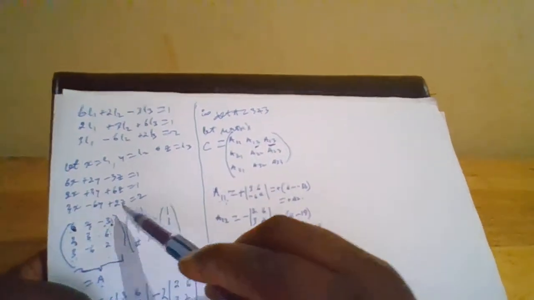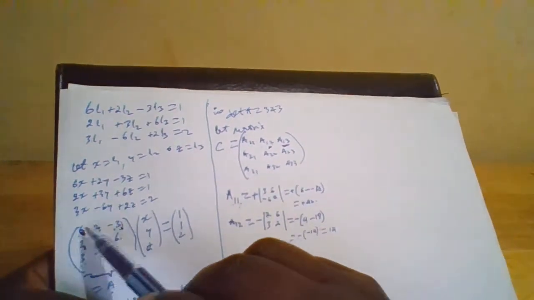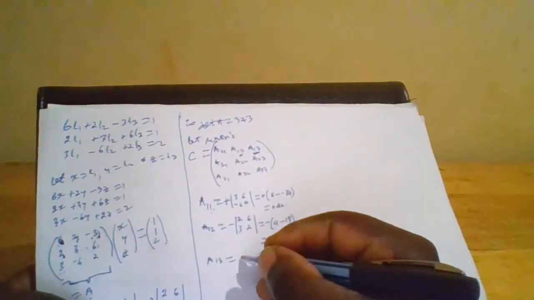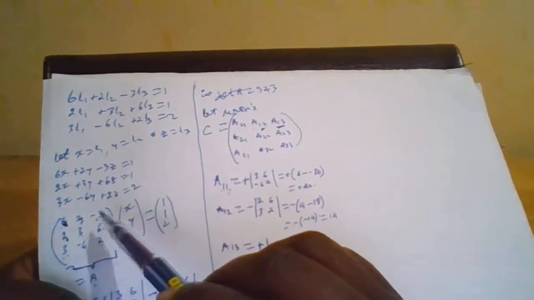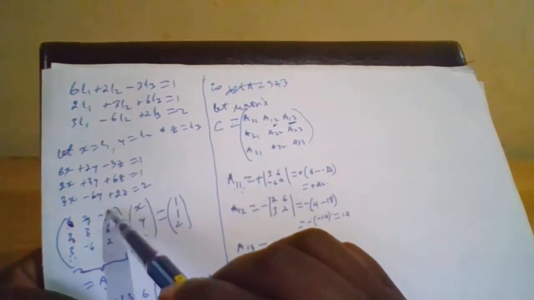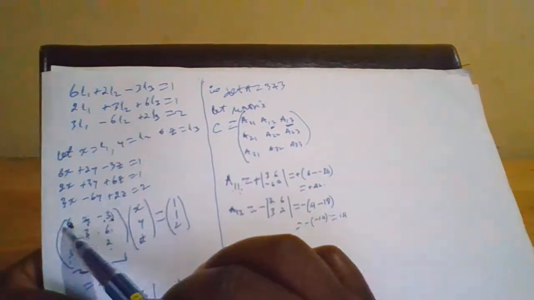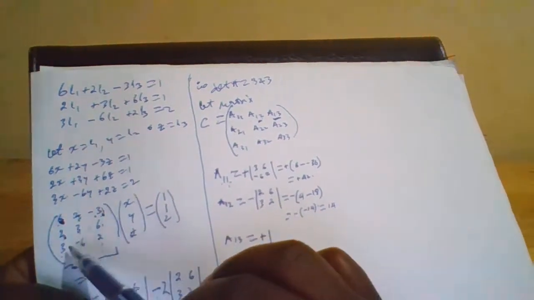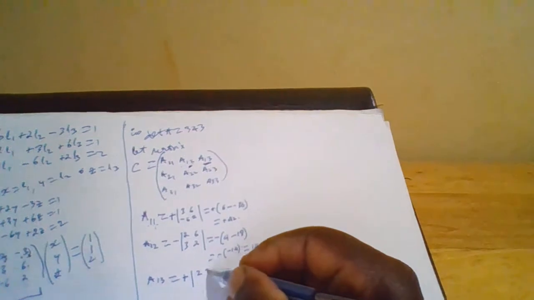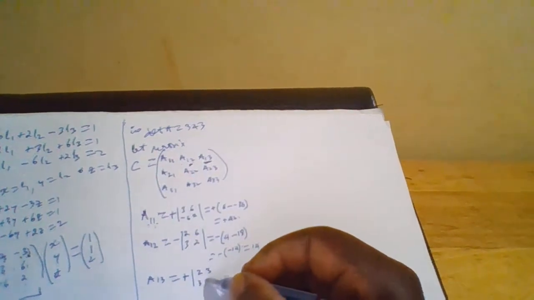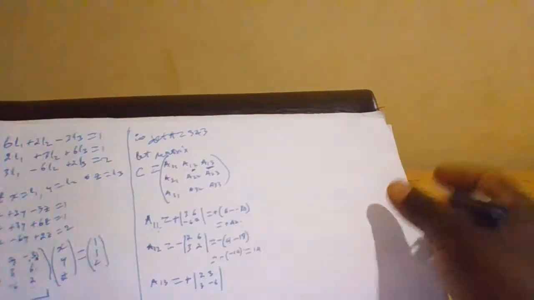But what is the place sign of this element? We have positive, negative, positive, so it will be positive. What are the minors of this element? We block this row and this column, so we have 2, 3, 3, negative 6.